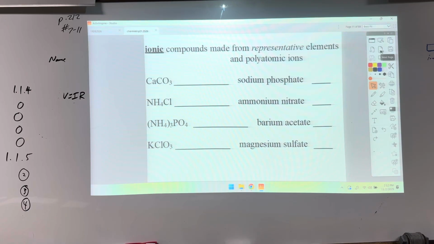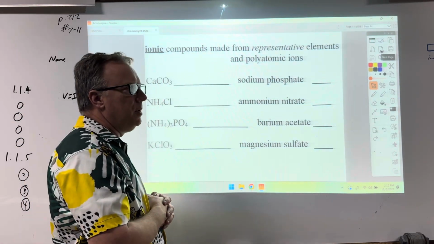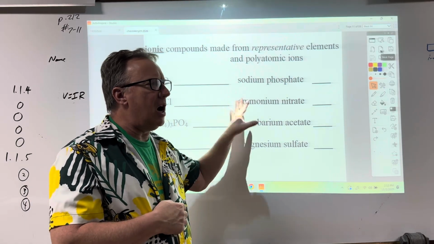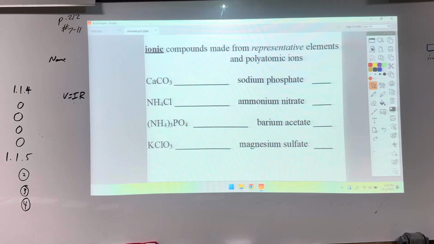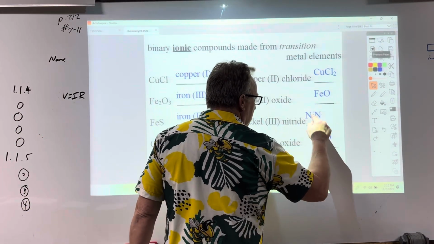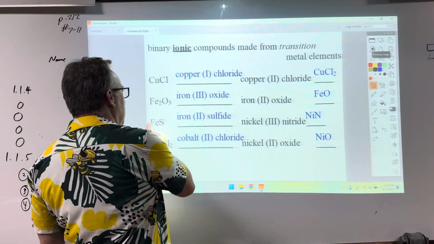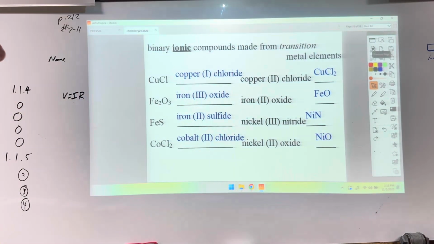Now, your polyatomic ions you're supposed to know from the flip charts. Now you can forget about the ides. Everything in the binary, all of these were binary. They all ended in "ide."